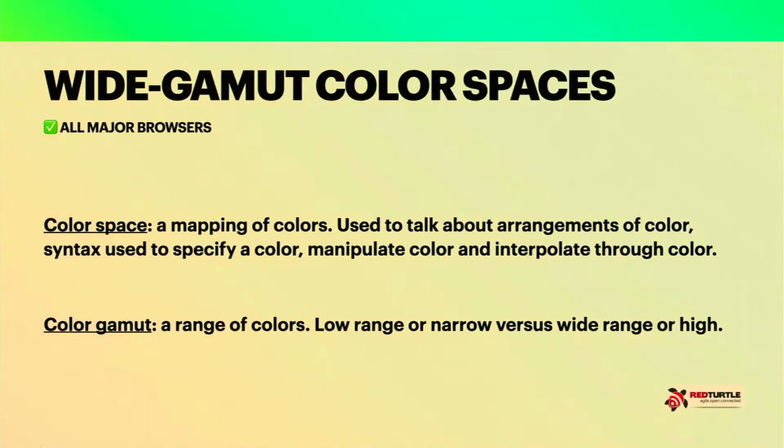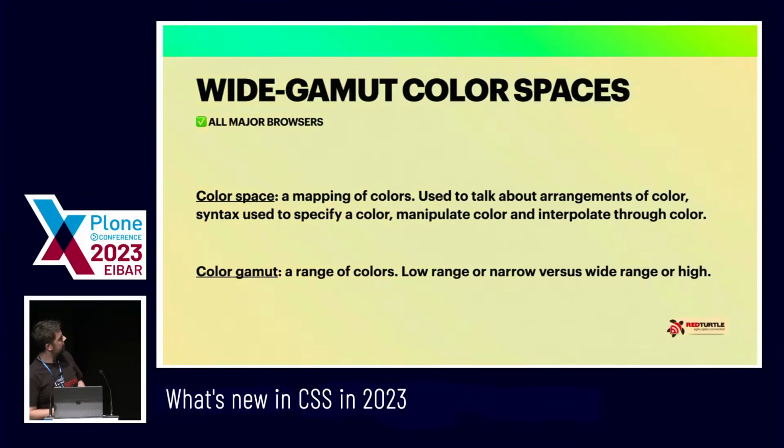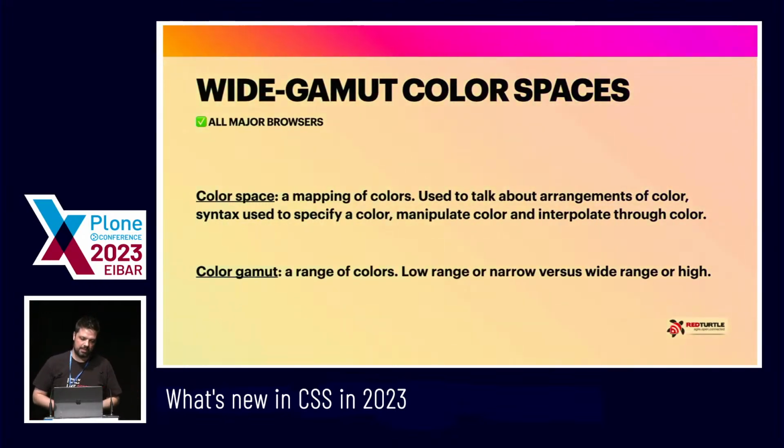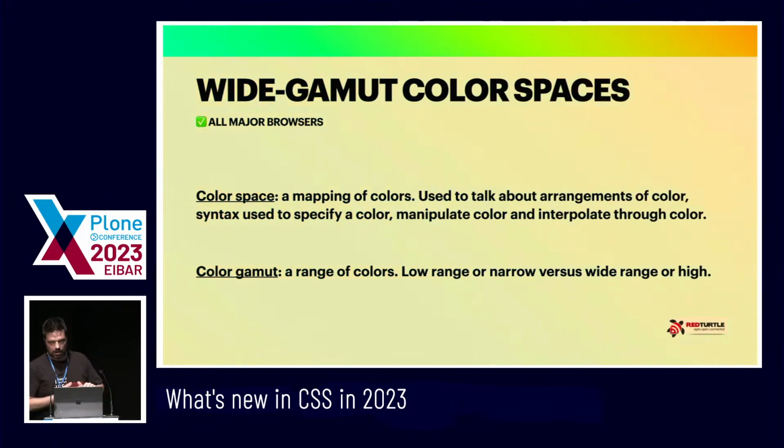So, going a little more technical into this, the title there is Wide Gamut Color Spaces. A color space is a mapping of colors. It's how you arrange colors if you had a mathematical, geometric shape for colors. And actually, there are geometric shapes for colors.